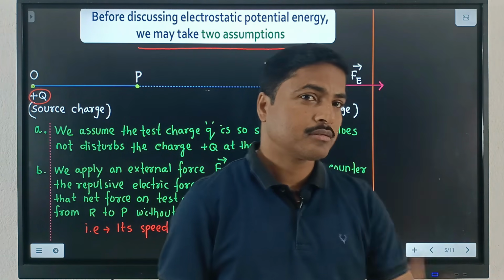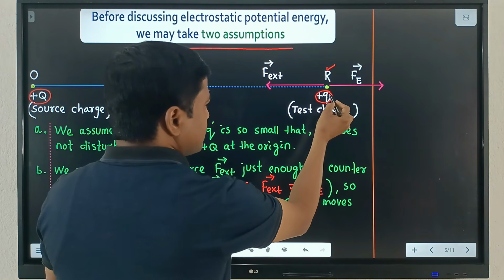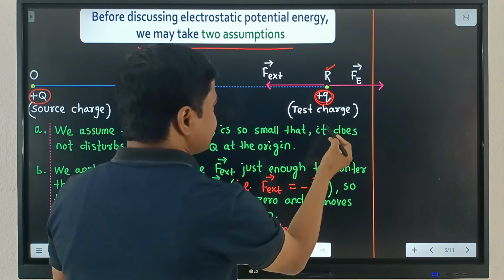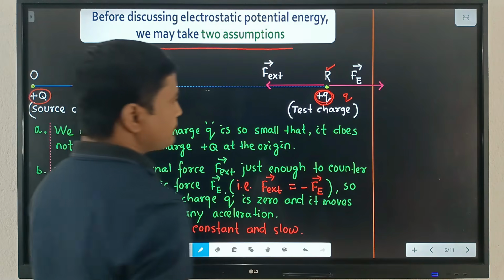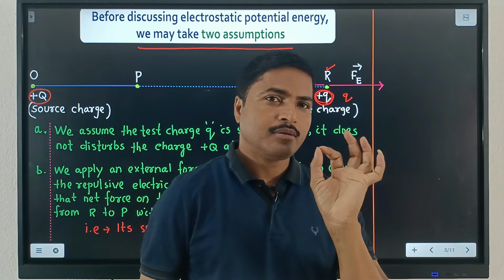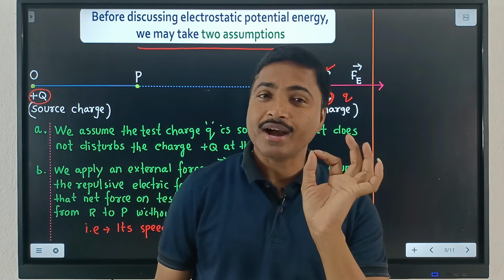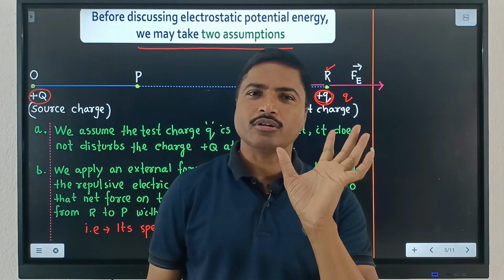Then what happened? Magnitude of this test charge is q, but we take the magnitude of the test charge to be very small. Why?